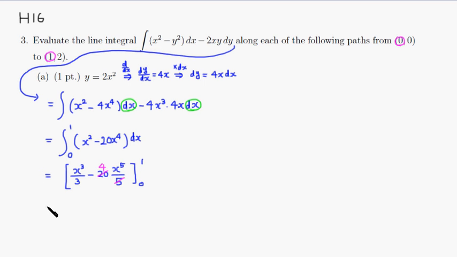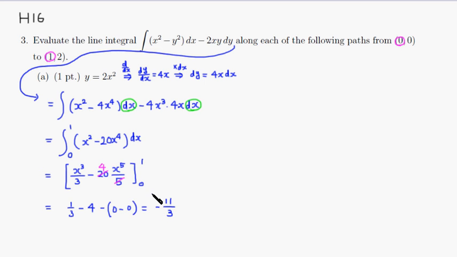Let's evaluate, plugging in the top number first. 1 cubed over 3 is 1/3, minus 4 times 1 to the 5th. Plug in 0, so of course 0. So that's going to be 1/3 minus 4, and 4 is the same as 12 over 3, so it's going to be negative 11 over 3.